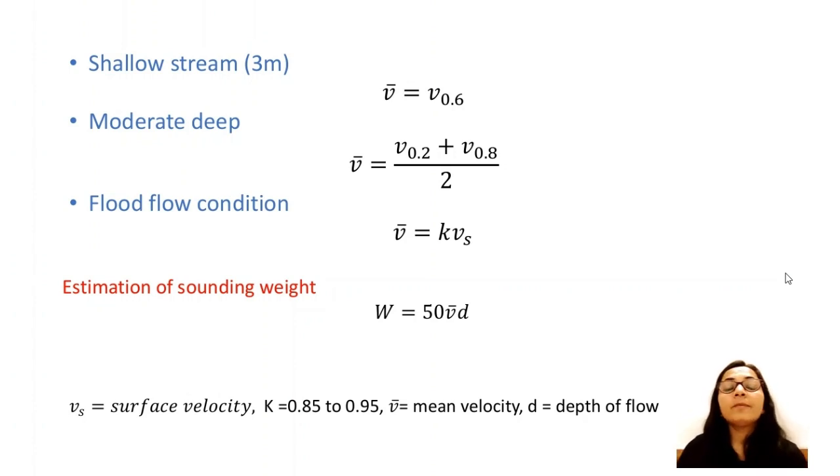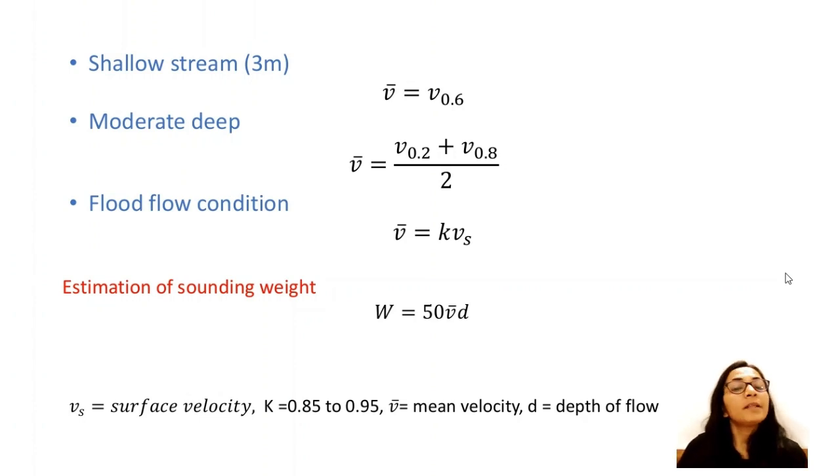Now if the depth is moderate, for example 5 meters, in the moderate case we measure the velocity of flow in vertical sections. We measure the velocity of flow at 2 points, at 0.2, that is 20% of the total depth, and 80% of the total depth.